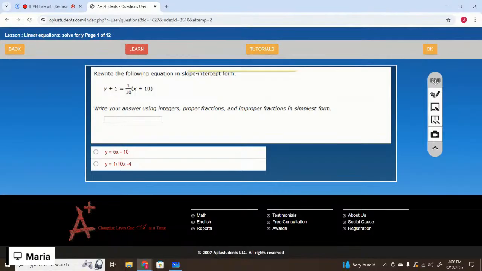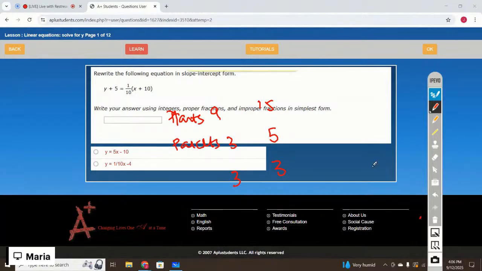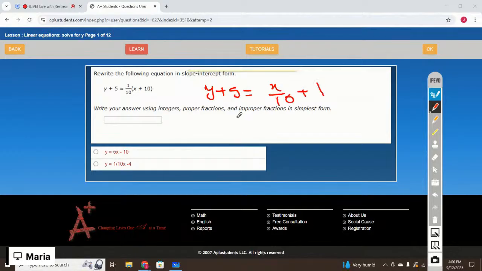Rewrite the following equation in slope-intercept form. So y plus 5 equals 1 by 10 times x plus 10. So that is y plus 5 equals x over 10 plus 1. So y equals x over 10 plus 1 minus 5. y equals x over 10 minus 4.